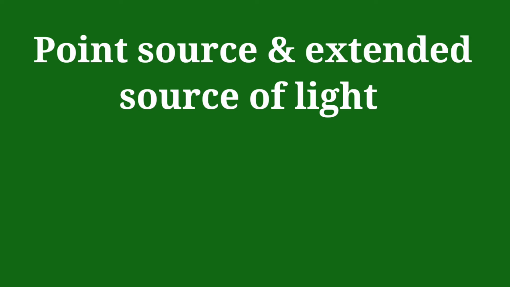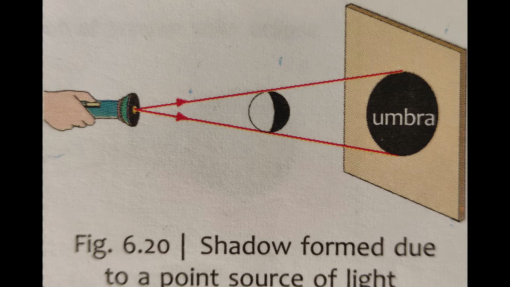So now, when the ray comes from a point source, first of all, shadow from a point source, this is the diagram. Here you can see that the light comes from a point source. Certain characteristics we observe over here.